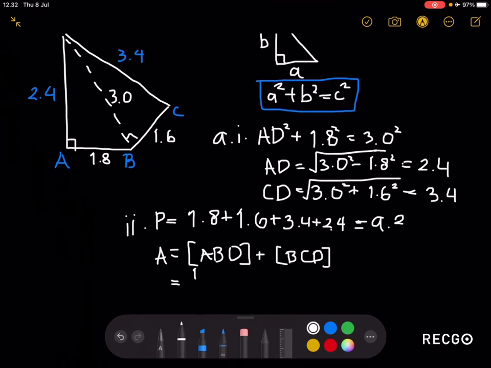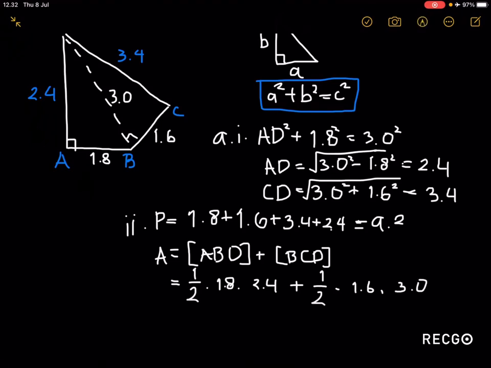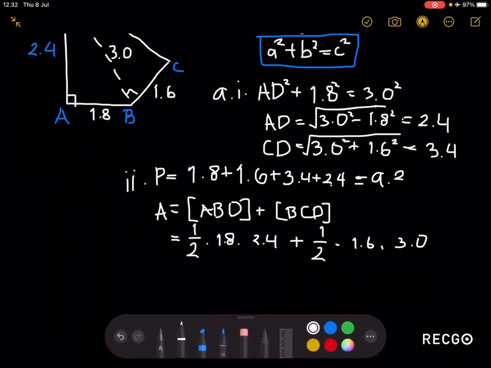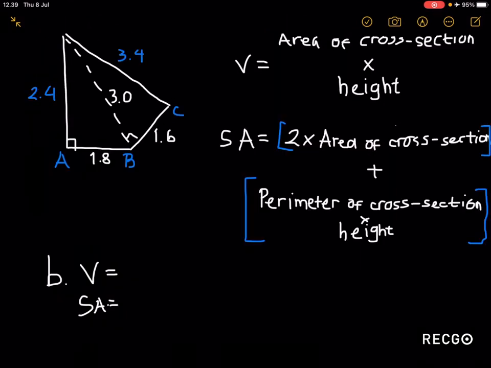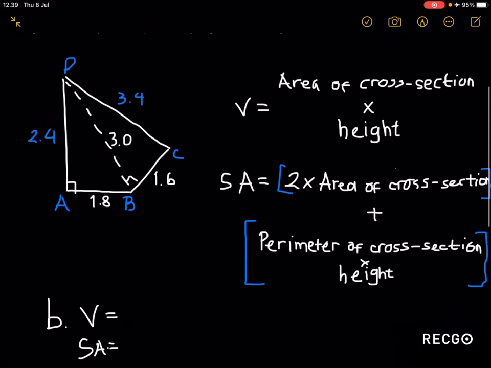So we have half times its base 1.8 times its height 2.4 plus half times its base 1.6 times its height 3.0. Simplifying this, we get 4.56.